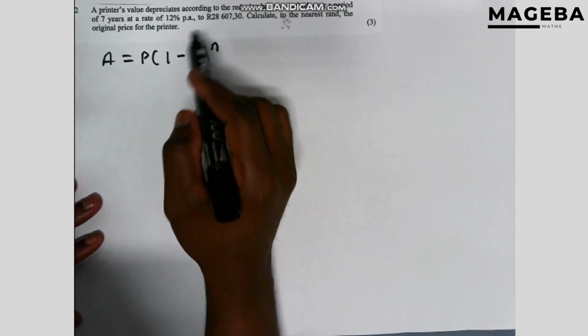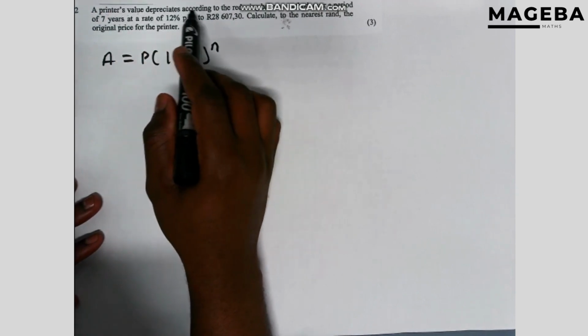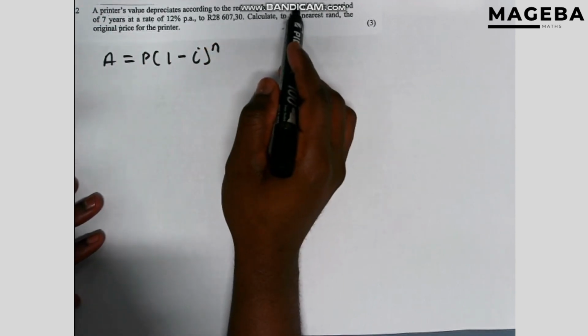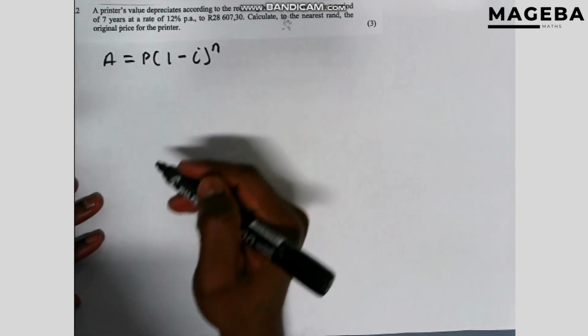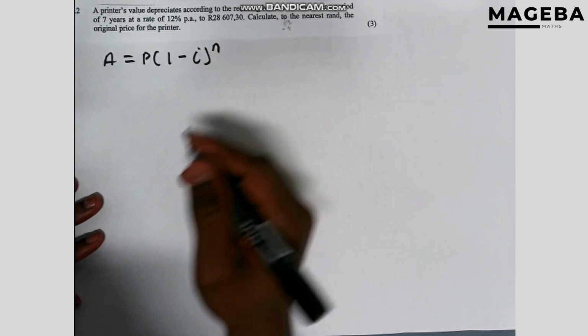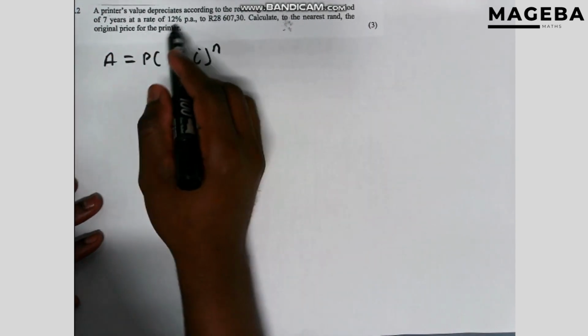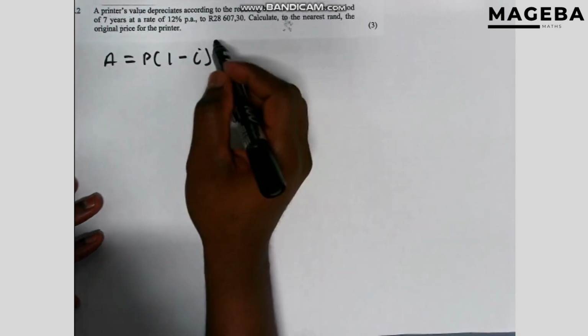To this amount. Now let's go back to the question. A printer's value depreciates according to the reducing balance. So the printer's value depreciates, it's losing its price, it's reducing over a period of 7 years at the rate of 12% per annum to this.